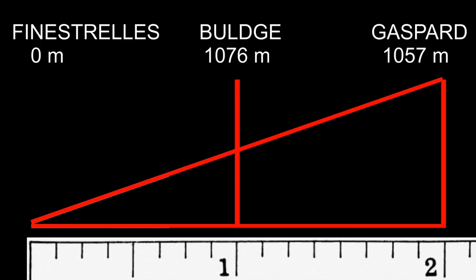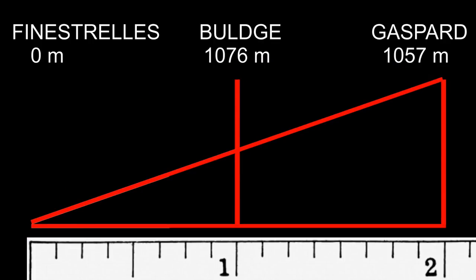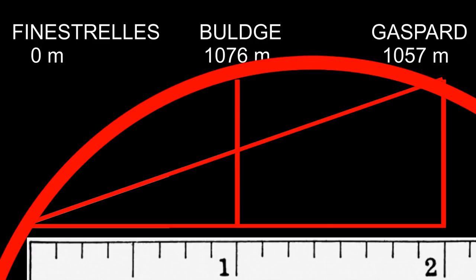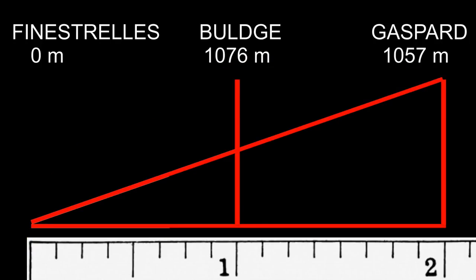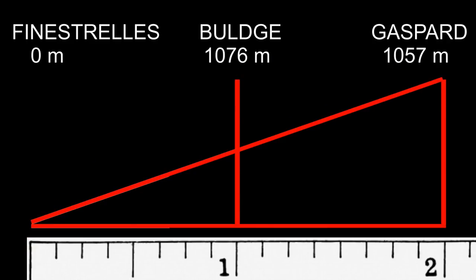We are seeing 73 meters down the peak. So the light has to travel up and over the bulge and then back down to the observer at Peak Fenestrelle. And the light arrives to the observer in a coherent, recognizable fashion.